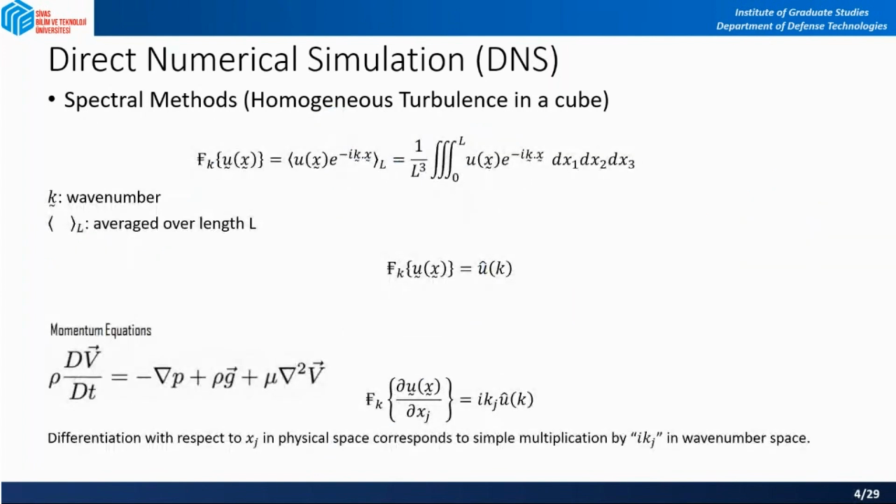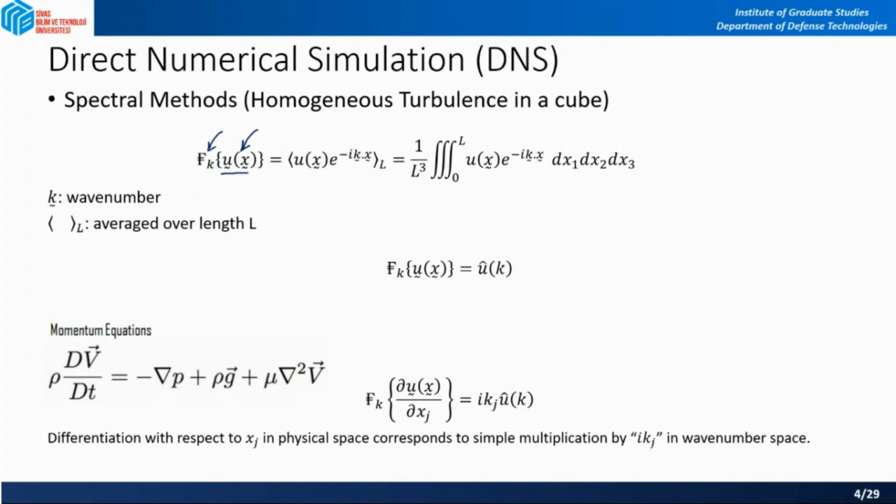So now we want to do the transformation. In a spectral analysis, we define this operator, let's say F operator, F subscript k, F_k of u of x. This operator is applied to your physical vector, for example velocity, and it will give you something like this.